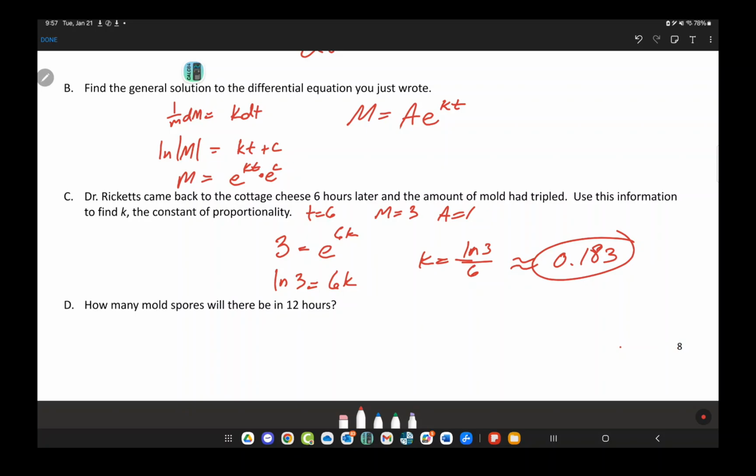So how many mold spores would you expect in 12 hours? You don't need the initial amount. So M is equal to A e to the 0.183 times 12. M is equal to whatever that is.